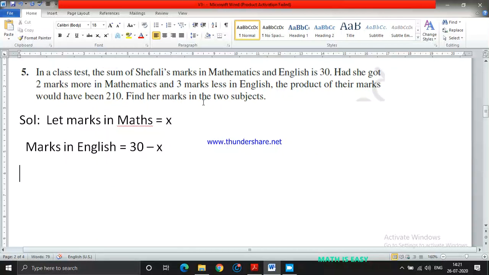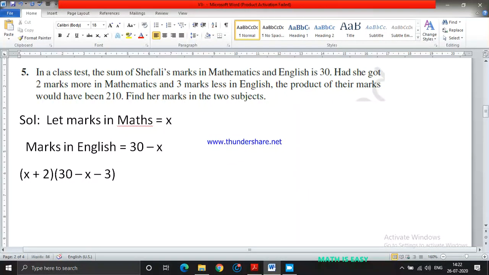Now what is given? If she had got 2 marks more in mathematics: the initial marks is x, so 2 marks more means x plus 2, and 3 marks less in English. She already got 30 minus x in English, so 30 minus x minus 3.